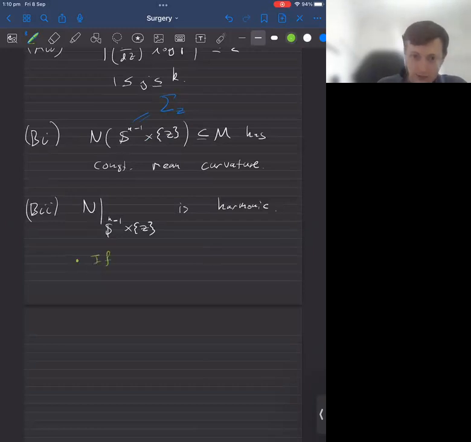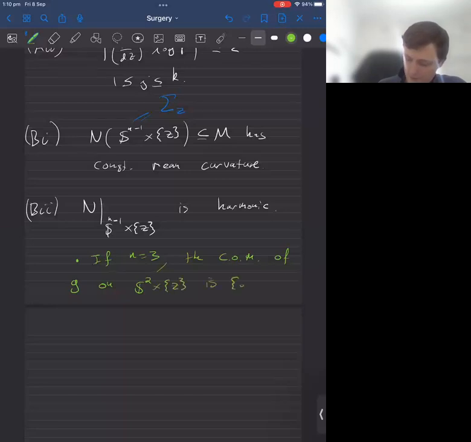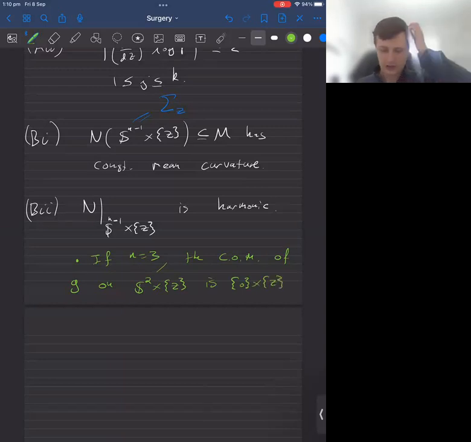A little subsection of here is if n equals 3, we want the center of mass of the metric on the cross section to be the origin. Now, I think the reason we make this distinction here is because to get these harmonic maps, you apply the inverse function theorem.